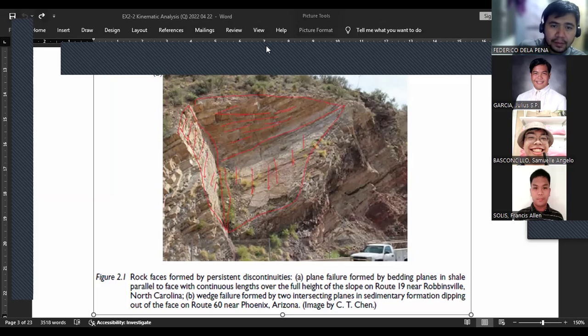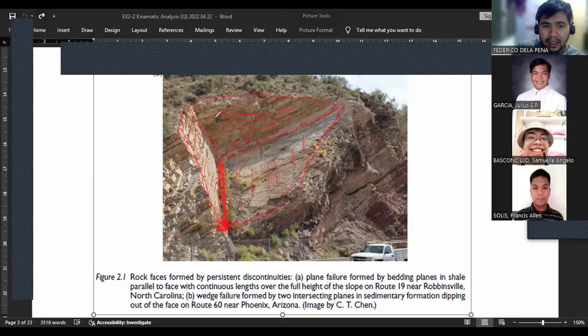Okay. And what happened here basically is that these two discontinuities have actually intersected. And they basically sliced the rock into a big chunk of block that had undergone sliding in this direction.